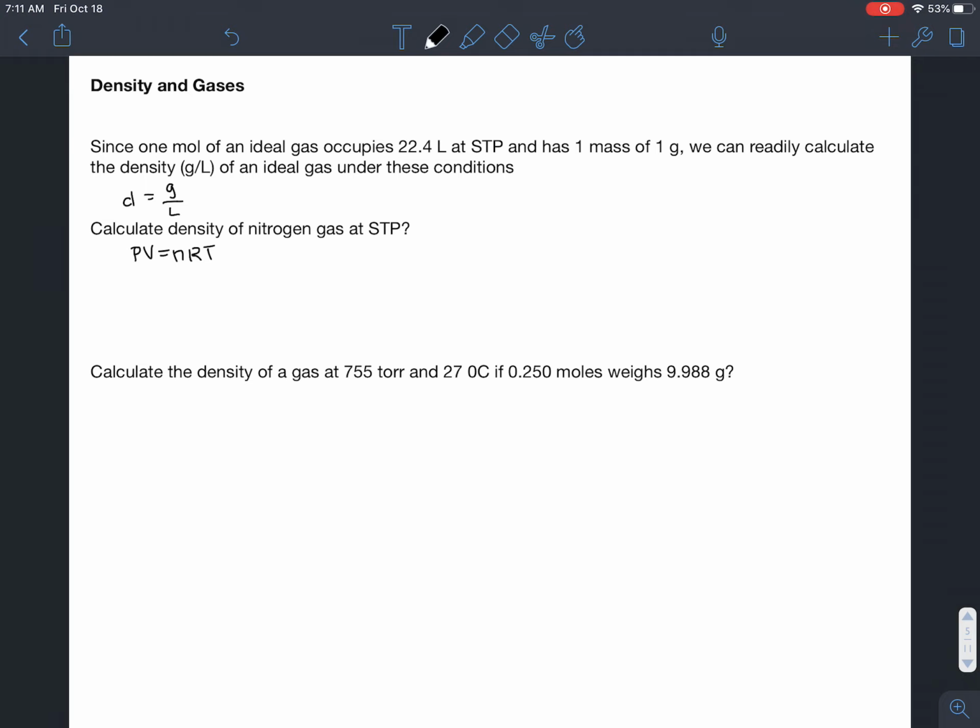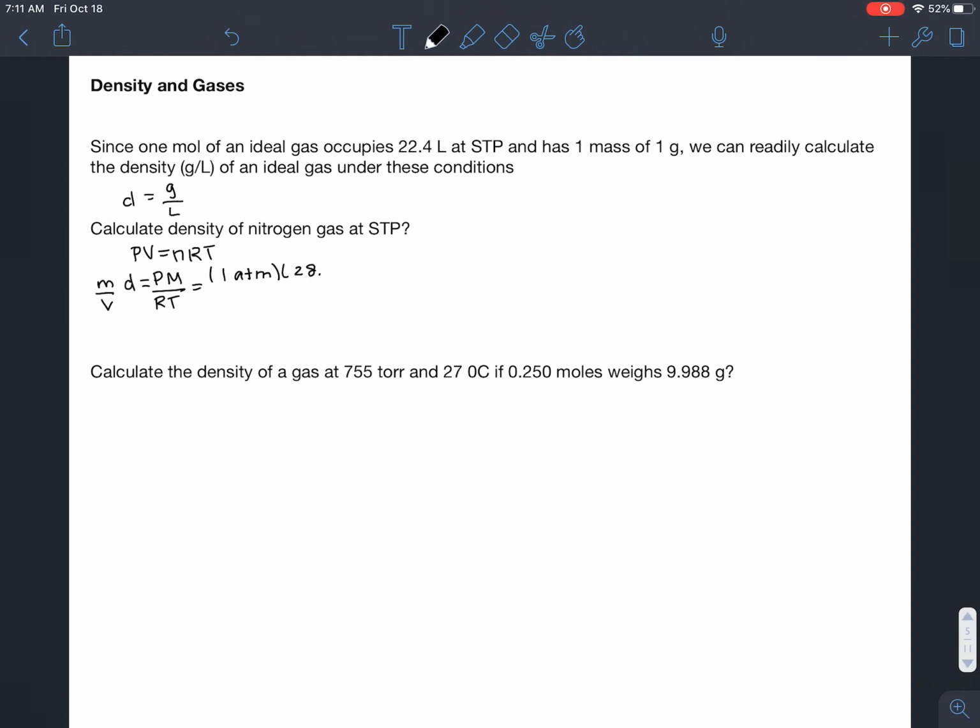So this manipulates around if we end up using molar mass, and we say that density is equal to the pressure times the molar mass over our constant times temperature. Pressure here for standard temperature and pressure is 1 atm.